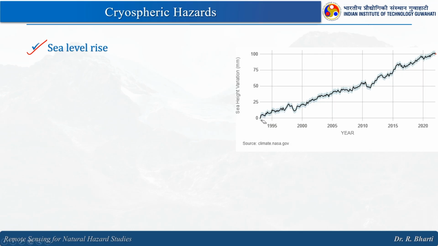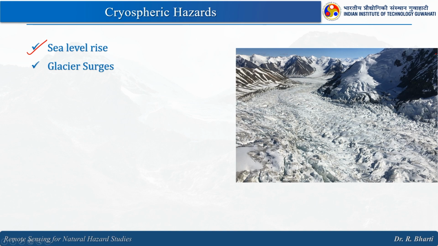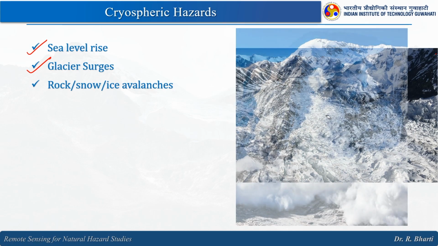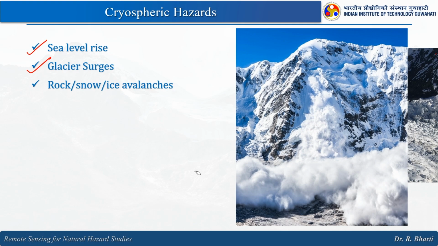This was very evident from the satellite image studies. Then we have glacier surges. You can see the surges can impact the downstream. Then rock, snow or ice avalanche. These are the major problems in the high altitude.